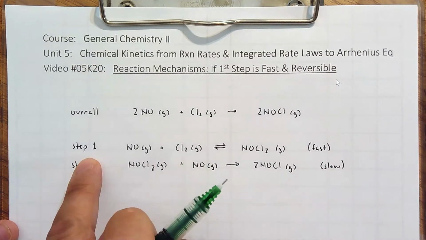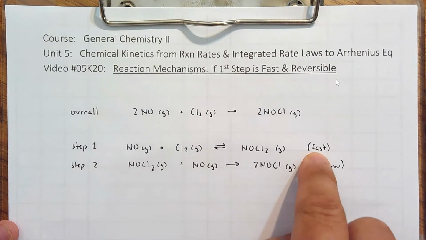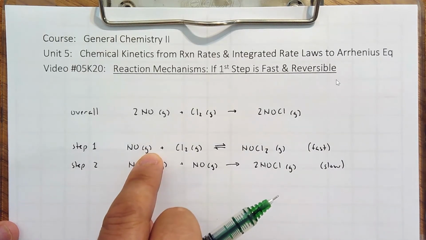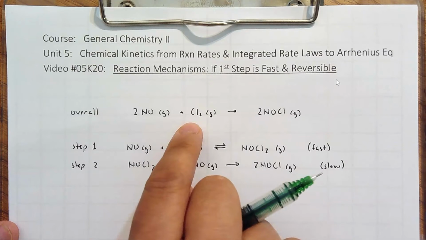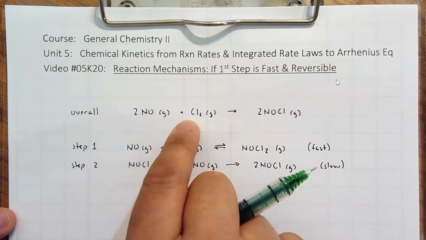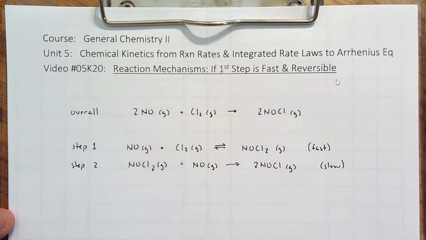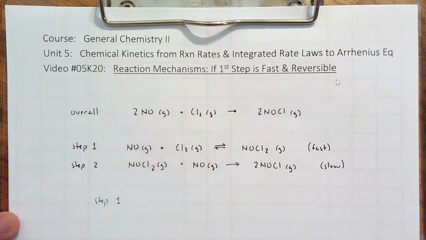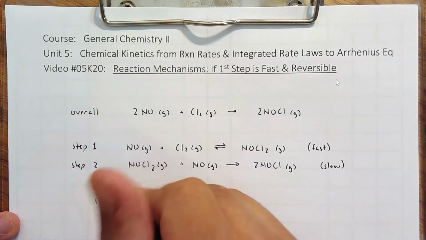Because the first step is not the slow step, we cannot take the rate law expression for this reaction and make it equal to the rate law expression for the overall reaction. But let's practice. In step 1, the rate law expression would be what?